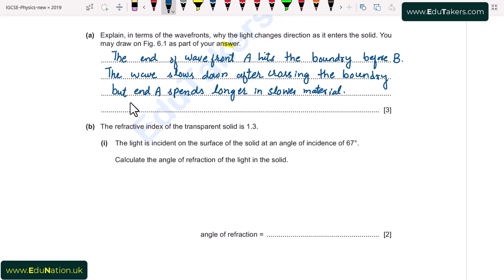The difference in time in the slower substance causes the wavefront to change direction.